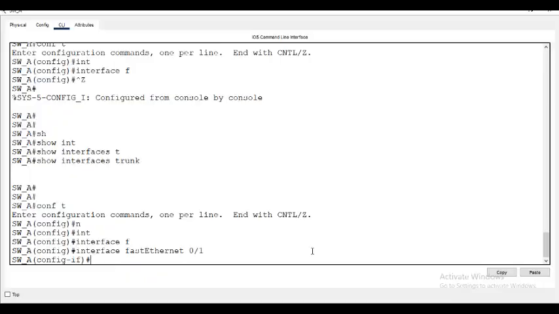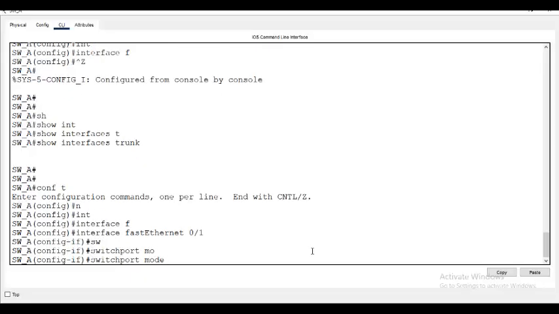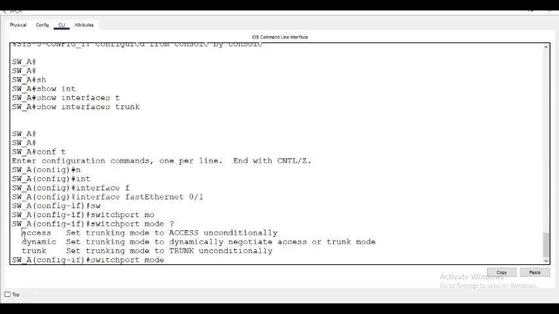Auto. I would like to switch to trunk. As soon as I say this, you see the process restarts on the port because the mode is changed.